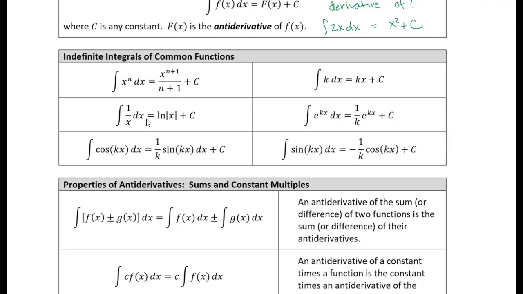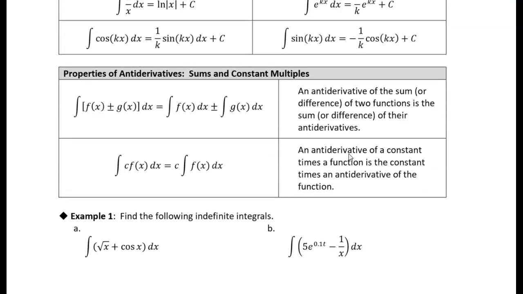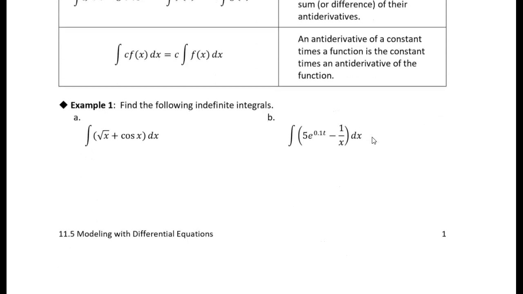Okay, so that's always a way that you can check your integrals too. Just differentiate your answer and check to see if it matches what you integrated. Okay, and then we have some properties for the sum and difference of integrals and the constant multiple of an integral. All right, so let's get down to business and do some integrals here.